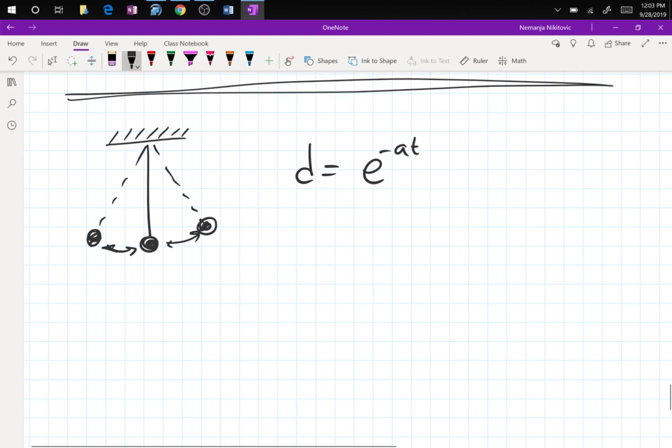But because there is this e to the negative at, then you have what we call dampening, and dampening will make it stop in time, because you know that e to the negative at decreases like this, and it makes it stop. And you know that will happen because when you punch something, it dangles for some time and then eventually stops.